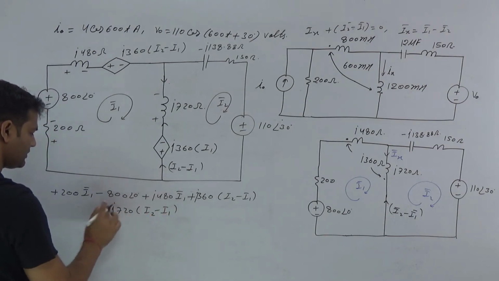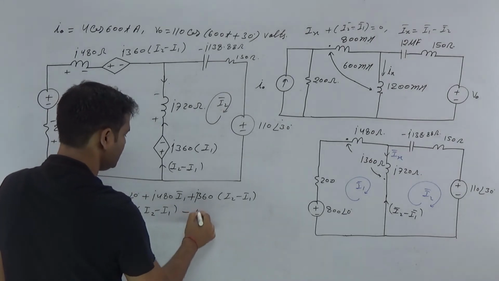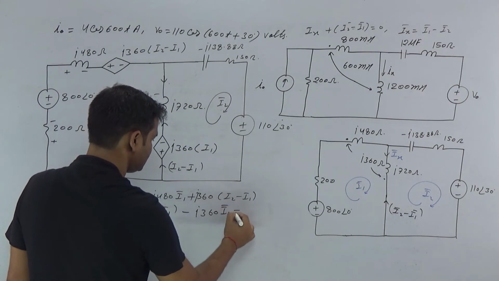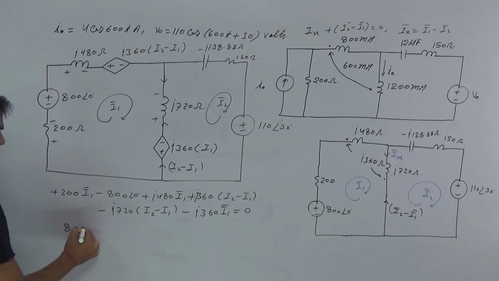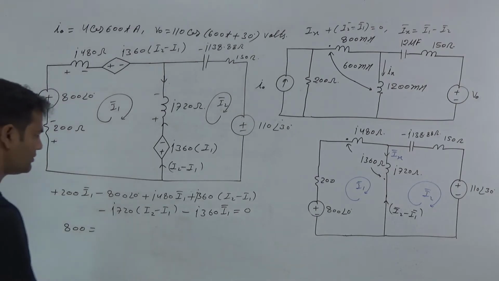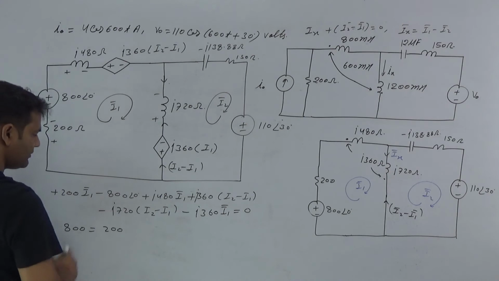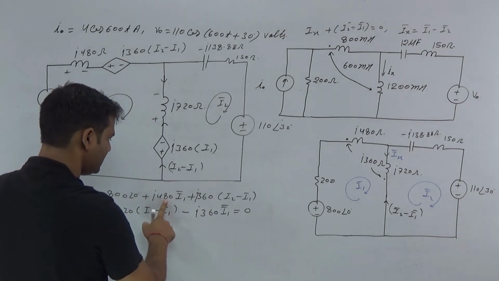Okay, that is negative. Okay, minus J360 I1, this will be equal to 0. Okay, and plus 800, so this will be equal to 800. Now that is 200, 360, sorry, 380.